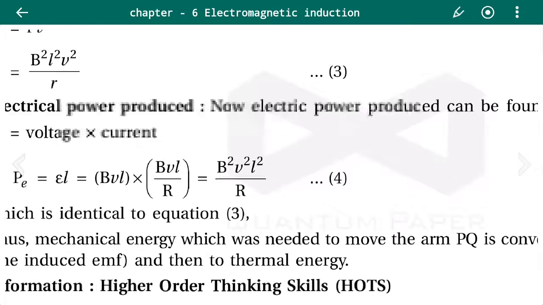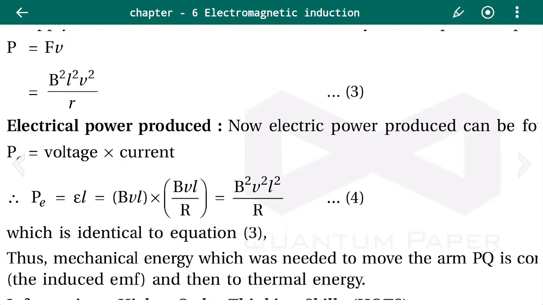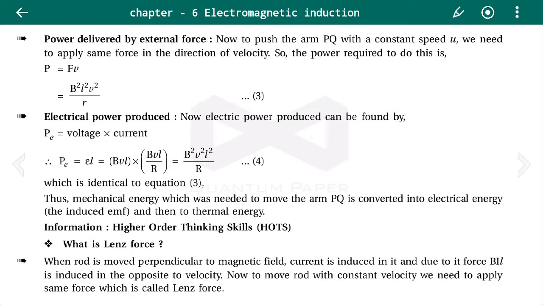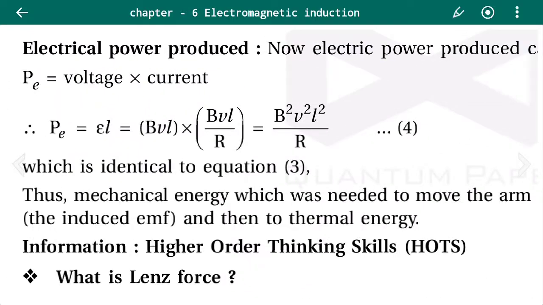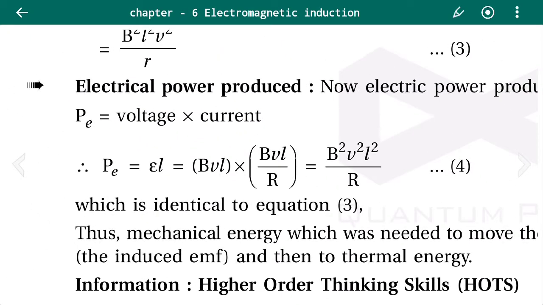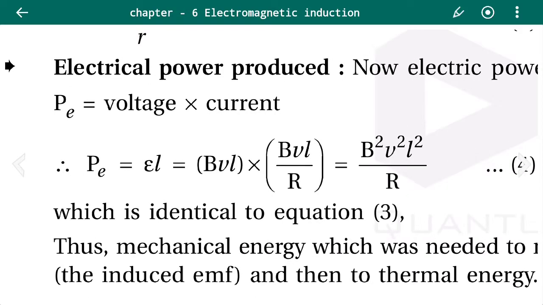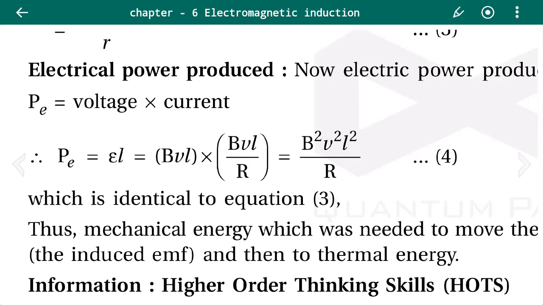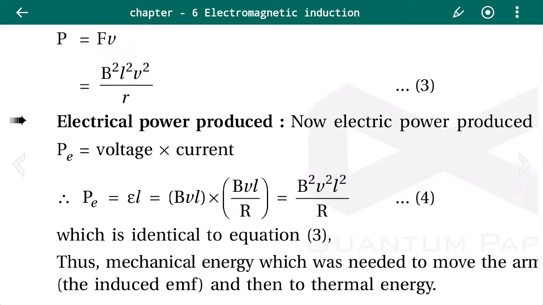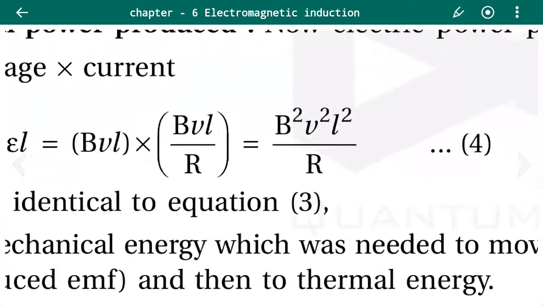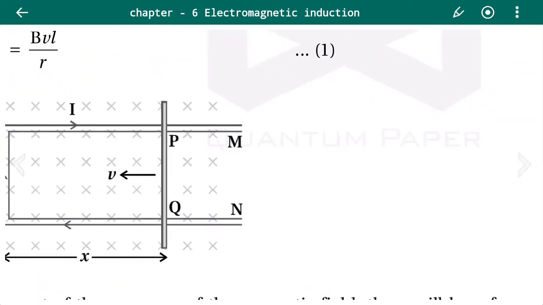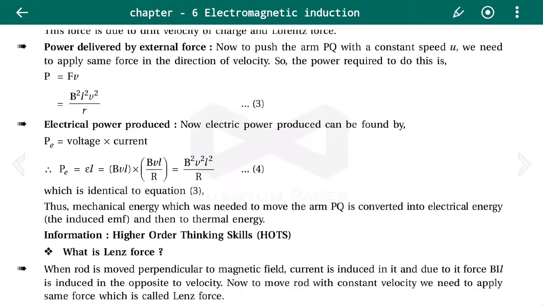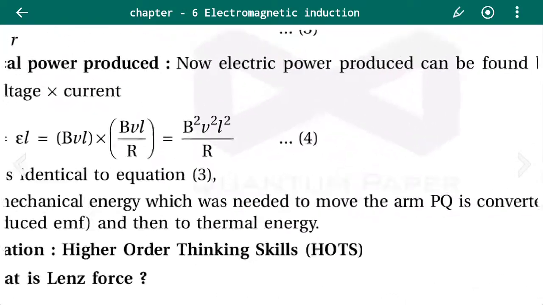Now, let us see the electrical power. The electrical power produced is equal to voltage into current. Here, we are taking the EMF, that is epsilon into I. Here epsilon equals BLv, that is the motional EMF, into I, that is BLv upon R. Here we have written capital R because we are taking the external resistance.